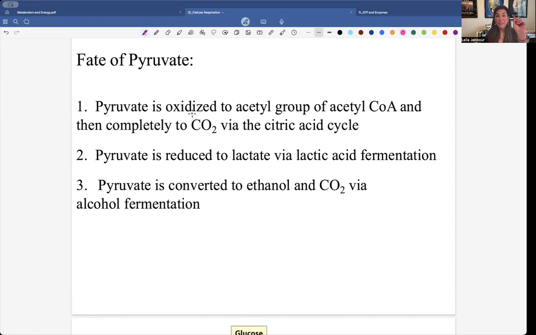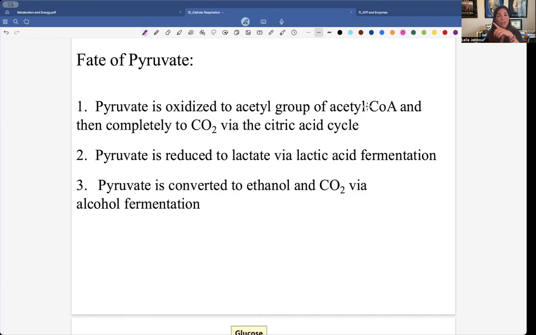Pyruvate is going to get oxidized into what we call acetyl-CoA, and then completely to carbon dioxide via the citric acid cycle. Because remember, the last product of all these carbons is going to end up being carbon dioxide gas. So pyruvate, that 3-carbon molecule, eventually is going to end up being carbon dioxide.